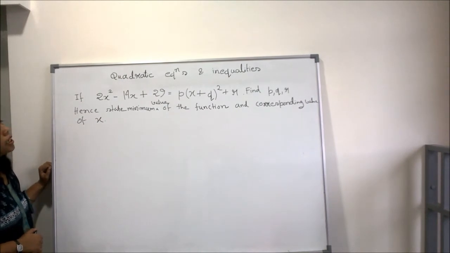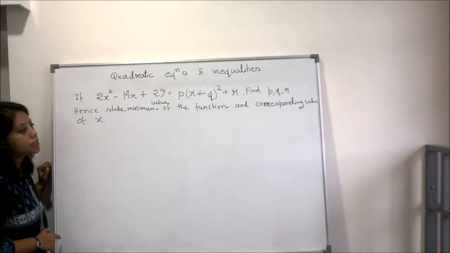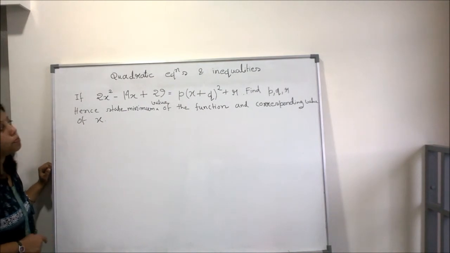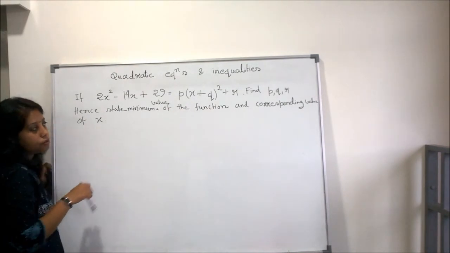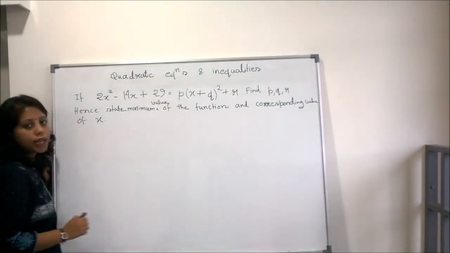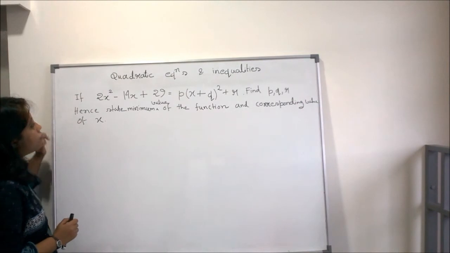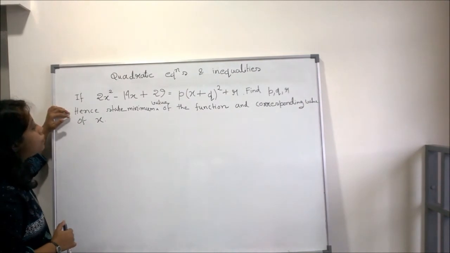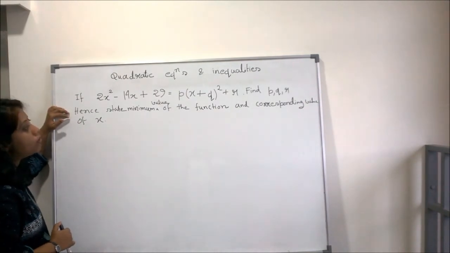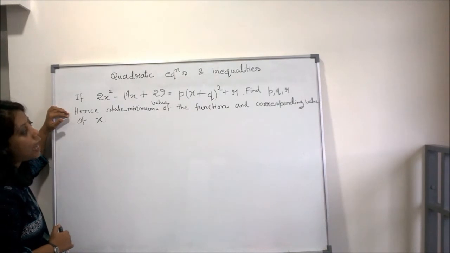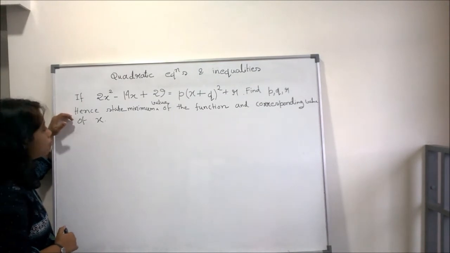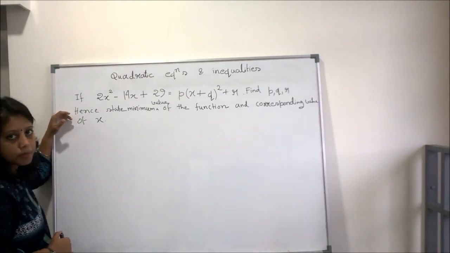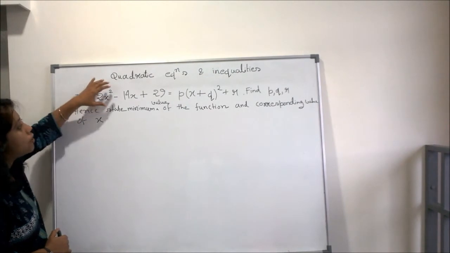That means the left hand side portion we have to represent in that form, then compare it with this and find out the values of p, q, r, and from there we have to find the minimum value of the given expression and the corresponding value of x. That means in which value of x we get the minimum value of this function.